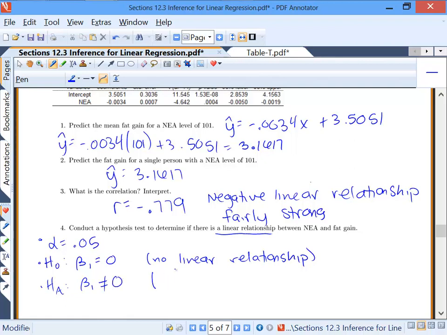Okay, so this would be just that there is a linear relationship. And really that slope that we had is pretty close to 0, so it might be good to do this test to see whether or not that's actually significant.